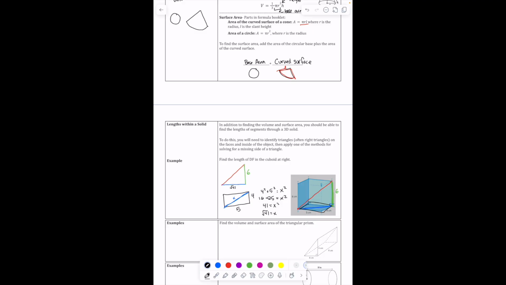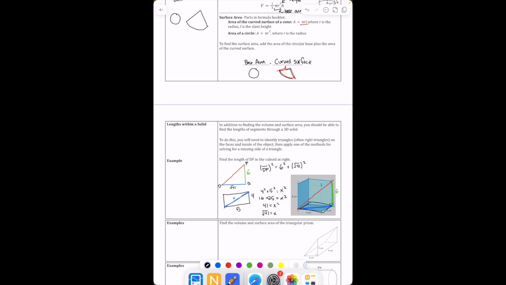So then when I go to try to find the length that I want, I'll label this with some letters. So we have D here, F is here, and that is B here. If I'm trying to find length DF now, we also have a right triangle, so DF squared will equal 6 squared plus root 41 squared. When I do root 41 squared, it just turns back into 41.